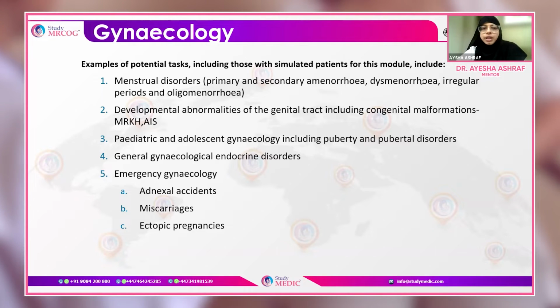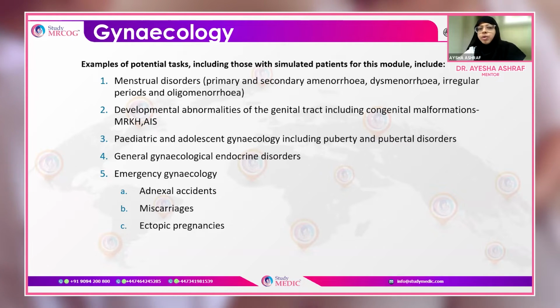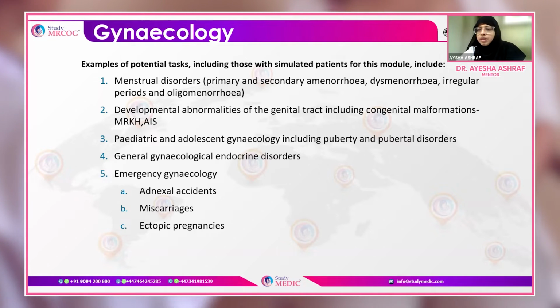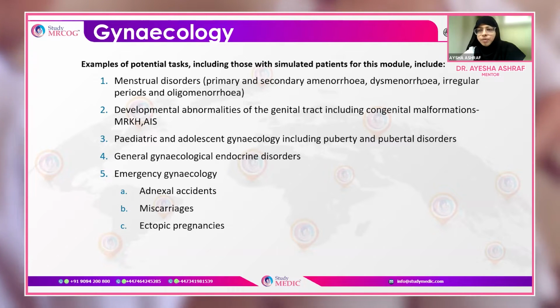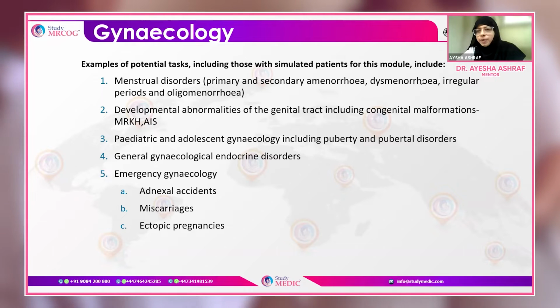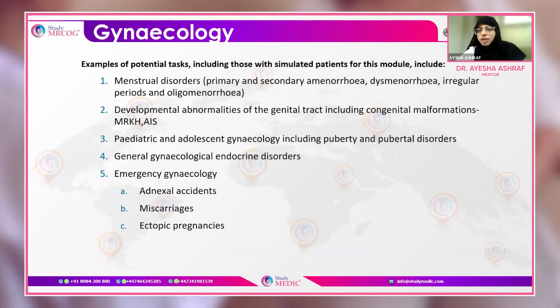Or it could be developmental abnormalities of the genital tract, including congenital malformations like MRKH, or even AIS. In this type of station, it's usually a lay examiner task, where you have to show empathy towards a teenager coming with no periods at all.